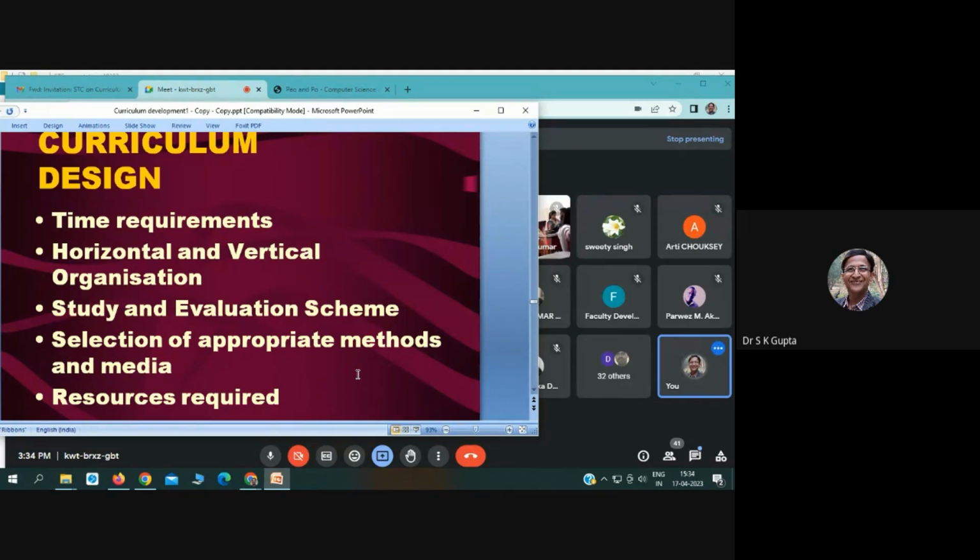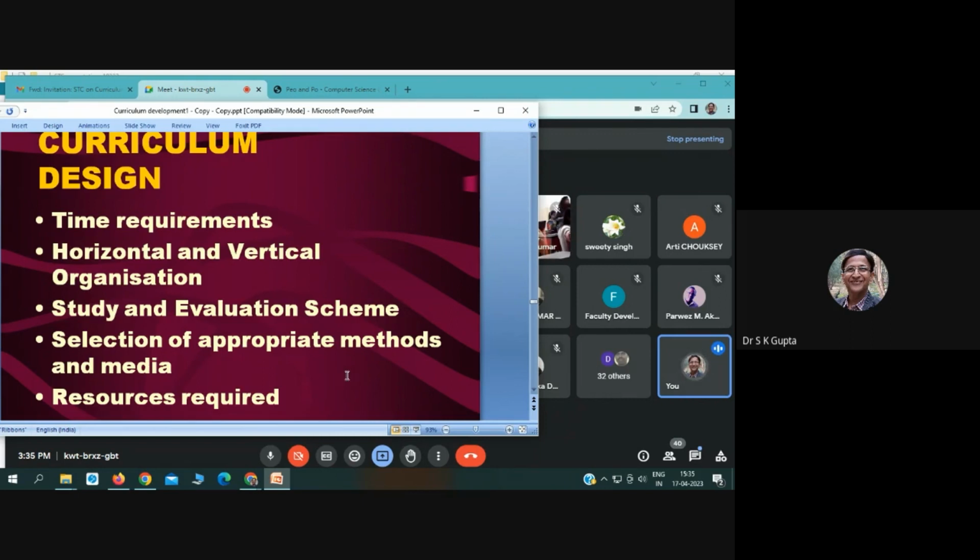Students should be taken to the industry to see that particular process, or through some audiovisual, or experts should be invited for some particular topics. Like that we give the instructional strategy.